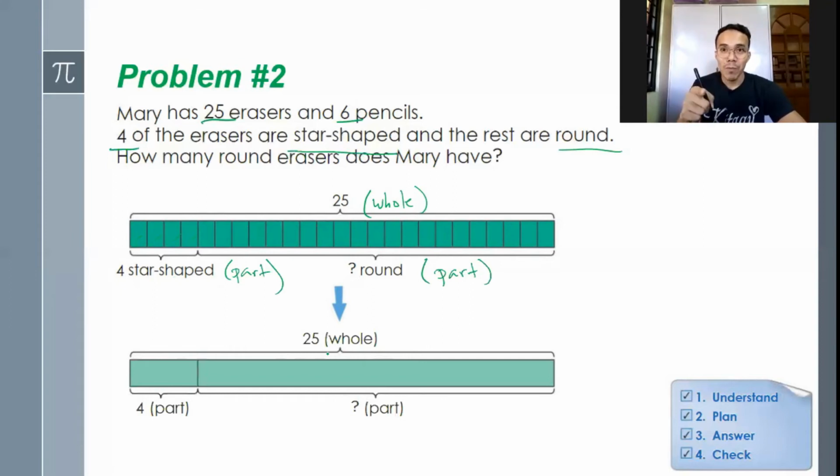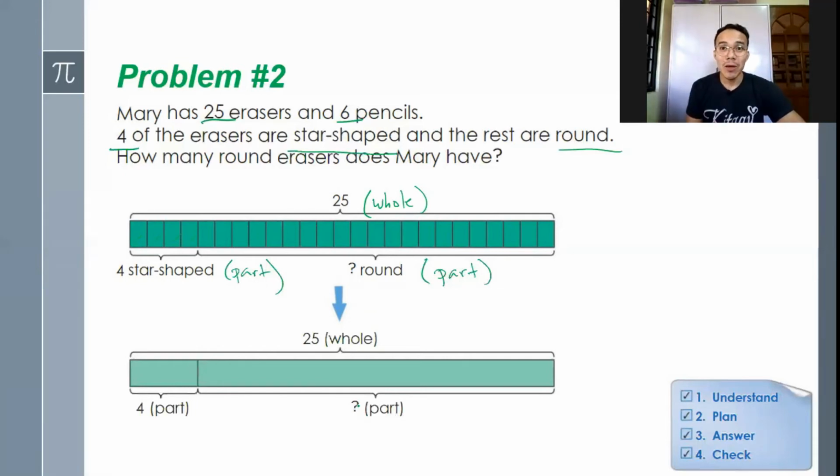It's also important to recognize what part of the model you are looking for. Is it a whole or a part? In this case, it's a part. Remember, in number bonds, when part is missing, you subtract. When whole is missing, you add the parts.